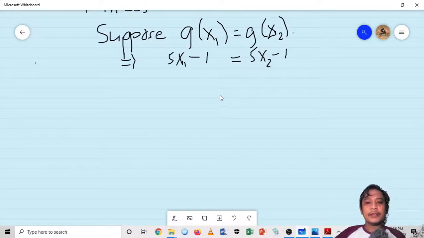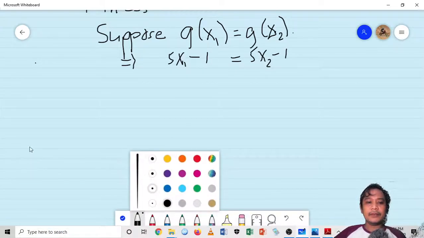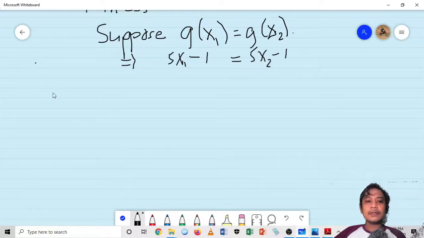Okay. Now, since we are dealing with real numbers, the properties of real numbers should be satisfied by these elements. Meaning all properties of real numbers can be applied here. So therefore, we can apply the addition property of equality. Meaning, we can add the same number to both sides of the equation.